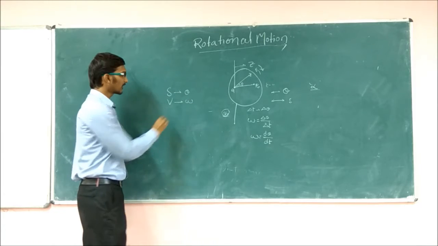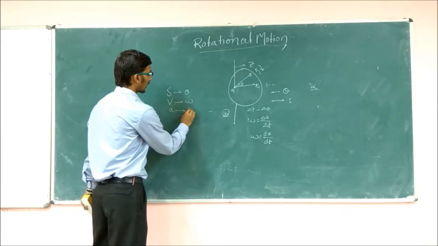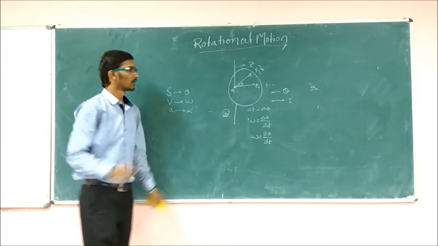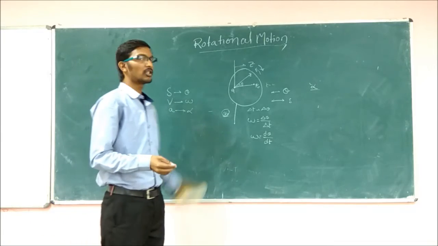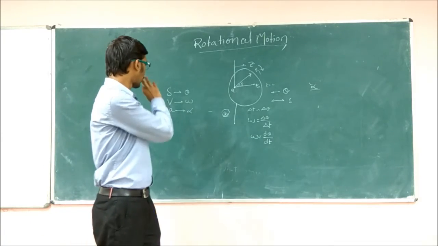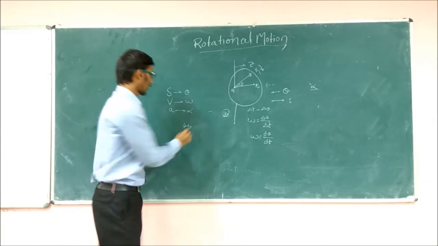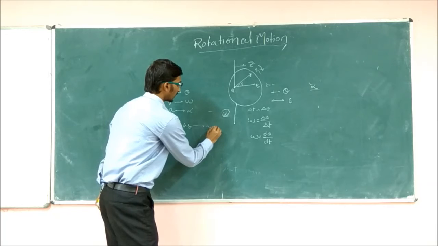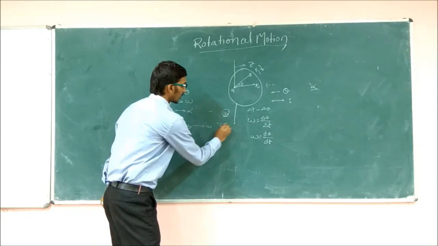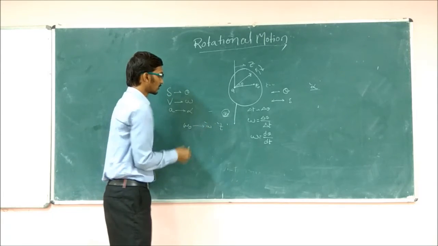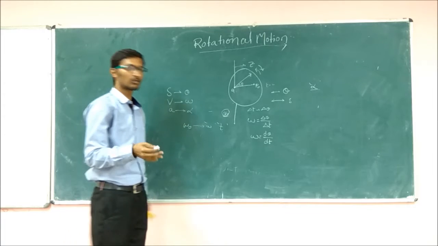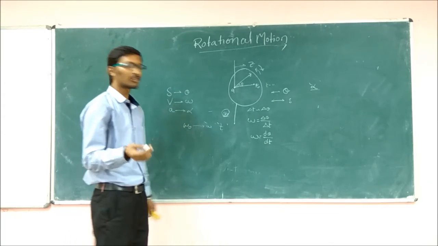And for acceleration, the analogous term is alpha, angular acceleration. Consider a body initially at angular velocity omega naught, which has attained an angular velocity omega in time t, and during the time t, it has covered an angular displacement of theta.